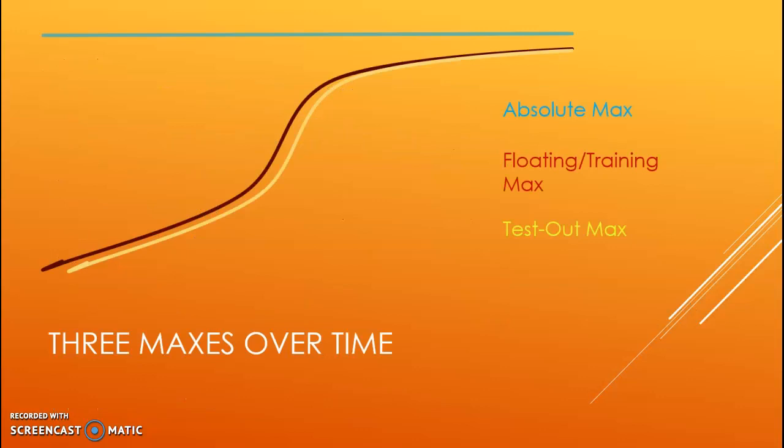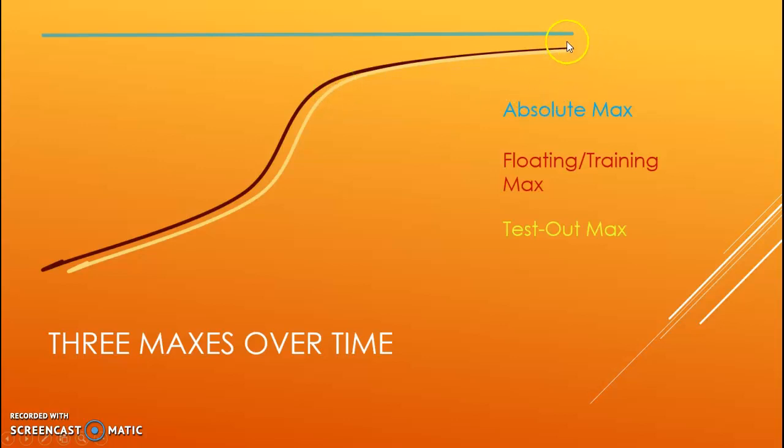So if we look at this over time, big picture, absolute, that's your ceiling on performance no matter what. That floating max kind of just floats along, and over time, as you place stressors on the muscles, they adapt, they get stronger, and your ability to push weight gets better and better. And with a test out max, you're trying to target a particular date in the future.